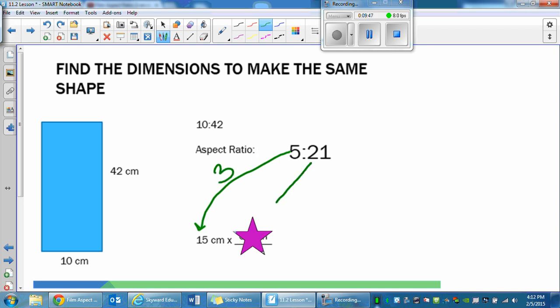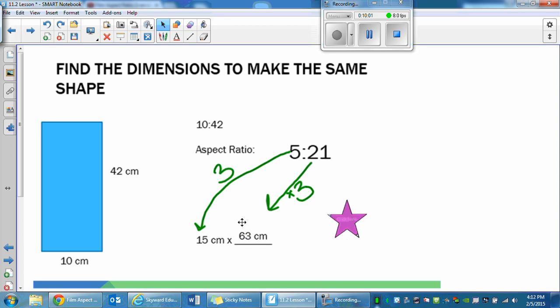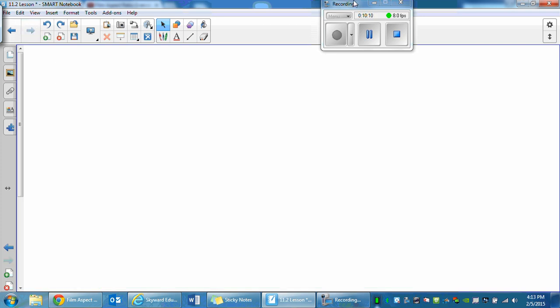So I'm also going to increase this by multiplying by 3. So 21 times 3 is 63. So my new picture, so that no one's faces would be distorted, would be 15 by 63 centimeters. And that is my last example.